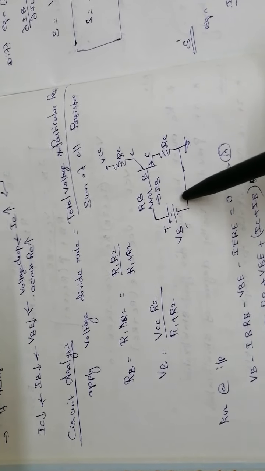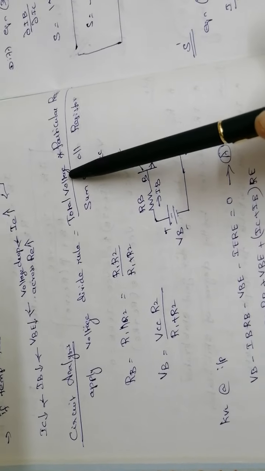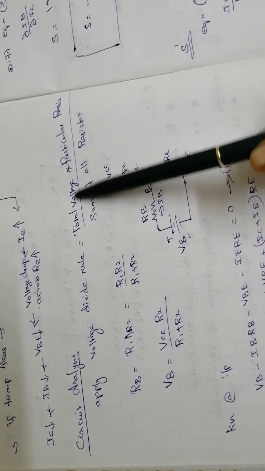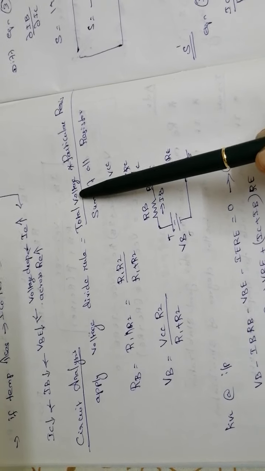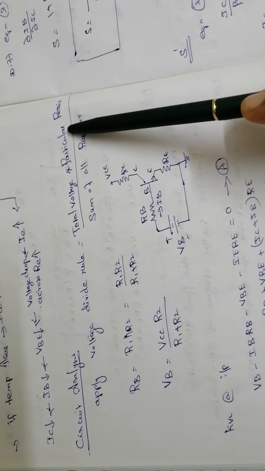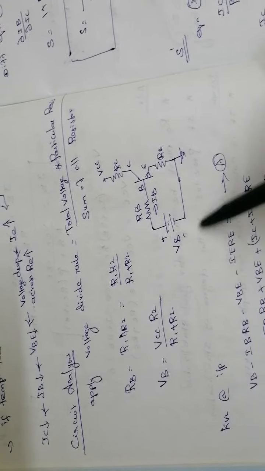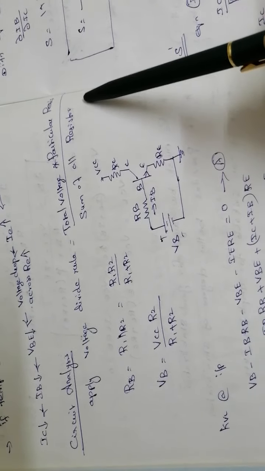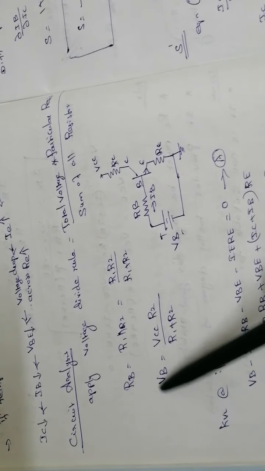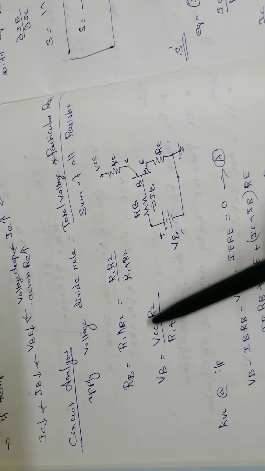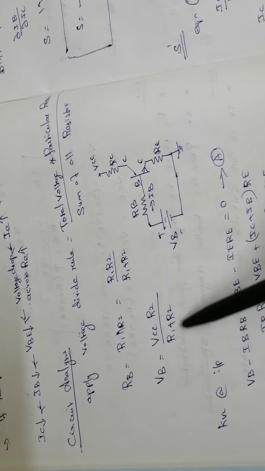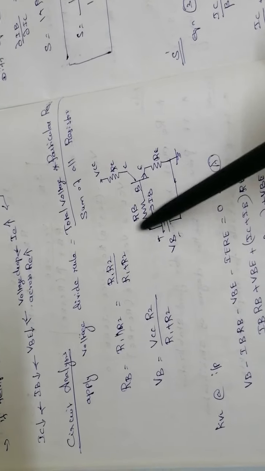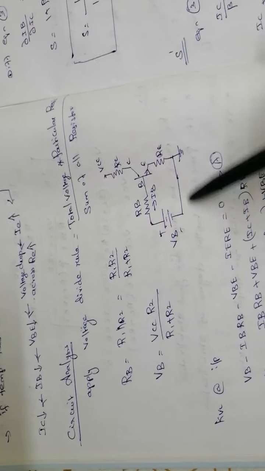The voltage divider rule is the total voltage times the particular resistor divided by the sum of all resistors. So VB equals total voltage times the particular resistor divided by the sum of all resistors R1 plus R2. So we can redraw the voltage divider circuit like this.